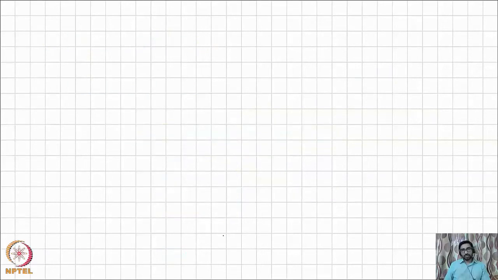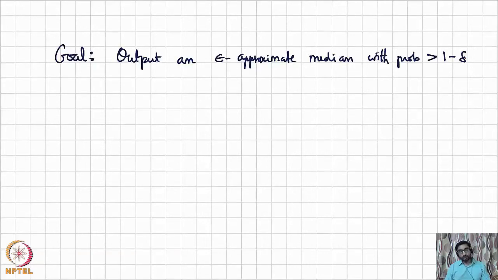Now that we know what an epsilon approximate median is, let us set about finding the appropriate t value for which our algorithm will output an epsilon approximate median with probability at least 1 minus delta. So our goal is to output an epsilon approximate median with probability at least 1 minus delta.